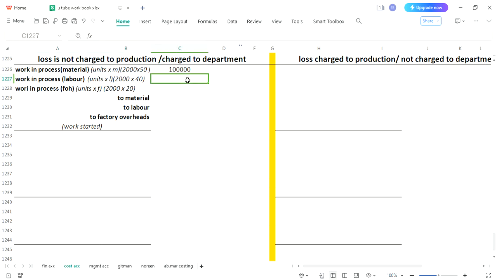Number of units 2000 multiplied by per unit cost of labor 40. Now the work in process FH amount we are going to calculate. Units we have 2000 and we need to multiply it with per unit cost of FH, which is 20. So here we have got the amounts.